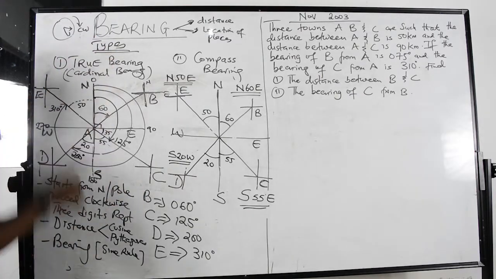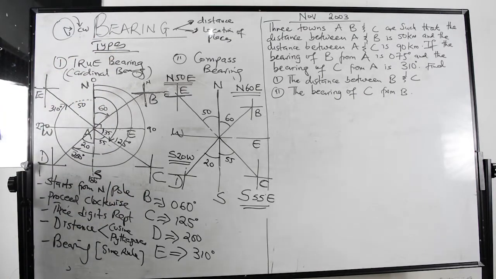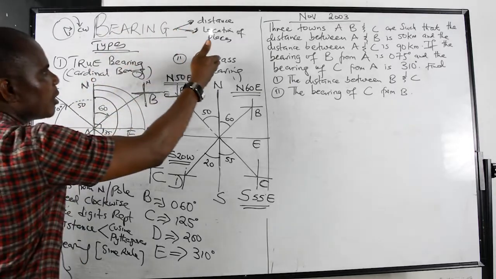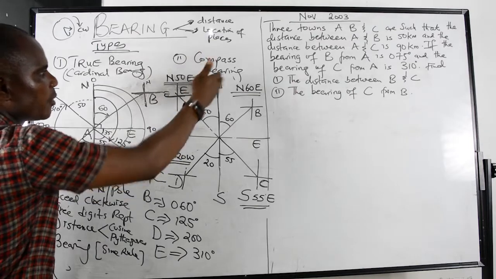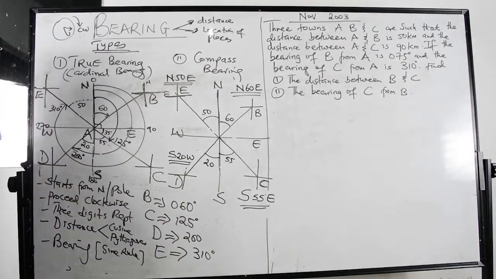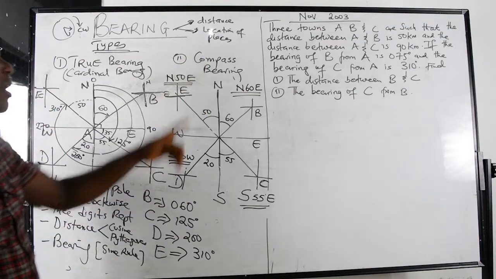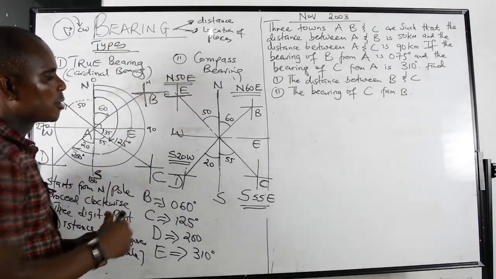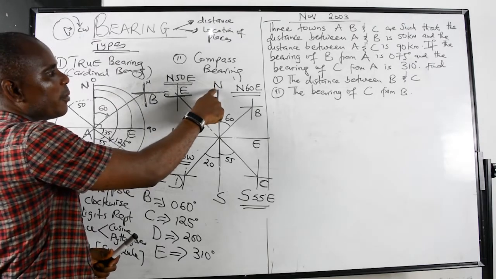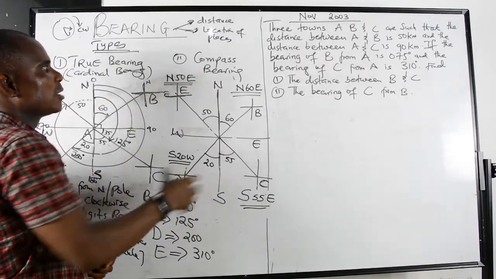This is a true bearing, which is taking reference with the cardinal points. So we also have the other form of the bearing, which is compass bearing, which takes its reference from the compass, which is a magnet, and a magnet has 2 poles. So when you see the bearing is described using letters starting from N and S, you now know that it is compass bearing.